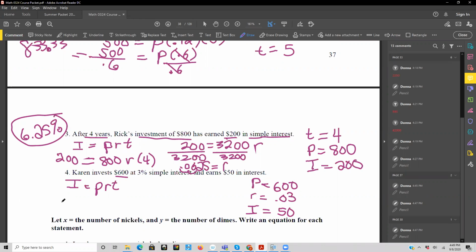All right, so we're going to plug stuff in, and we assume it's years unless they say otherwise. P is 600, R is 0.03, and we have T here. I'm going to do 600 times 0.03 first. So I get 18. 50 equals 18T. If I divide by 18, T is going to be 50 over 18.